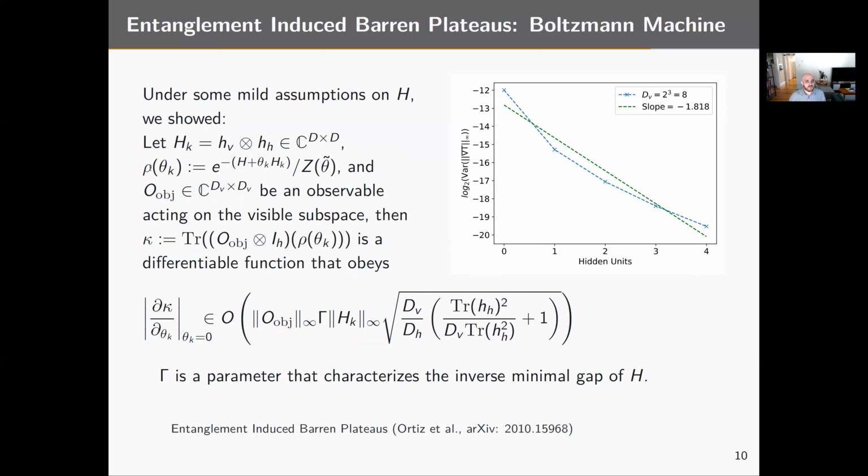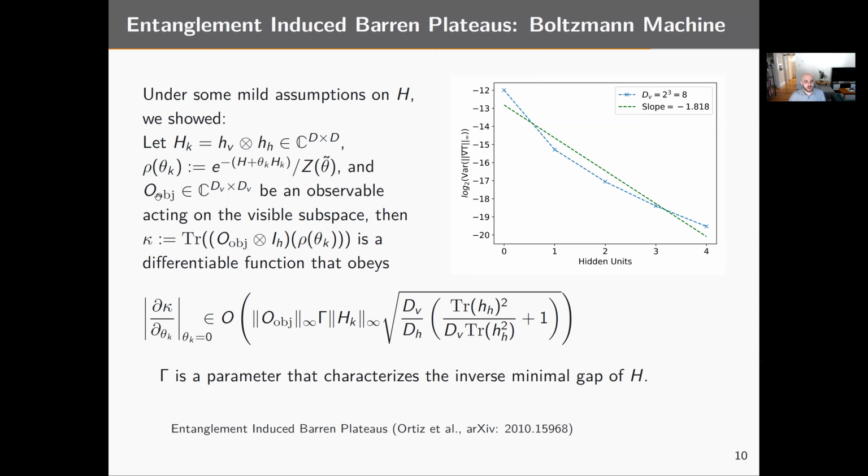And let's define rho theta k to be e to the minus H plus theta k times HK, divided by just this normalizing factor over here.